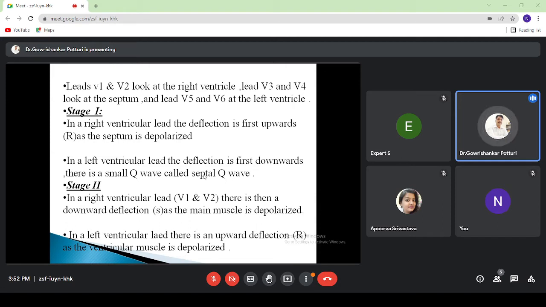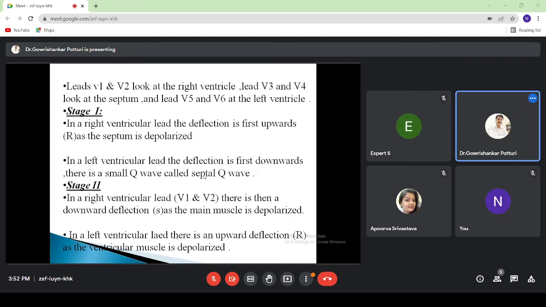Now, what happens in stage 1? In a right ventricular lead, the deflection is first upwards, an R wave, as the septum is depolarized. In a left ventricular lead, the deflection is first downwards. There is a small Q wave called septal Q wave.